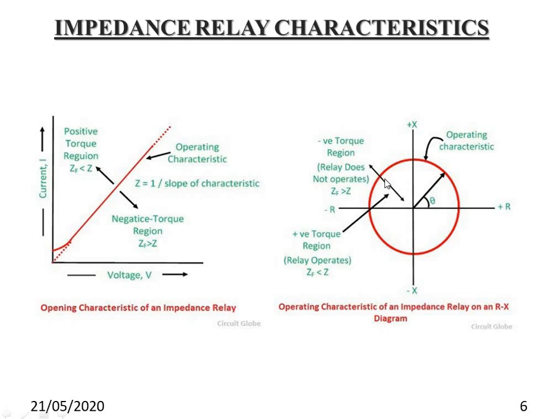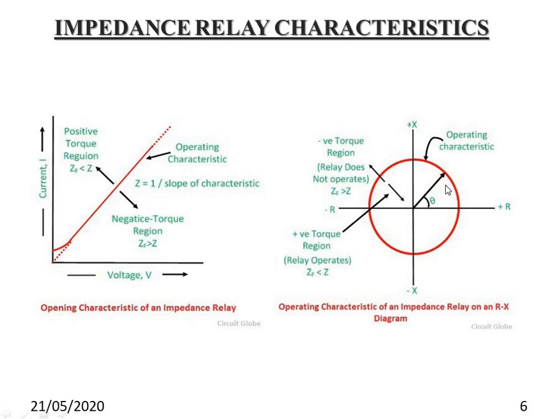This circle, the red border line, is the zone line, that is the Z, that means total Z. If the actual impedance is less than this Z value, it is called the operating region, and it will develop positive torque. If the value of Z is beyond this, then this region is called the negative torque region, also called the blocking zone, that means the relay will not operate.